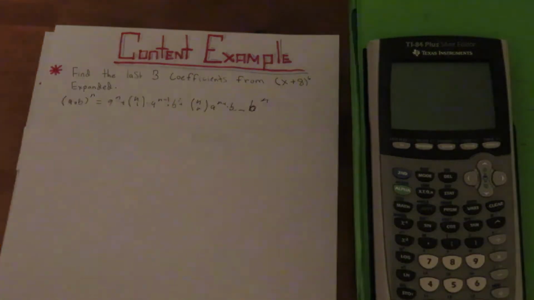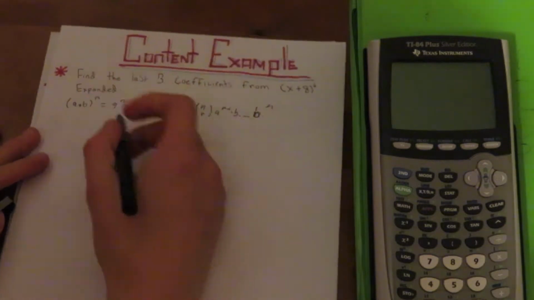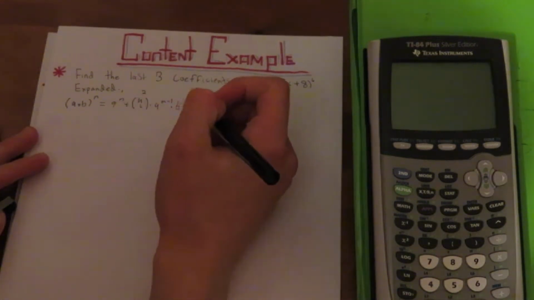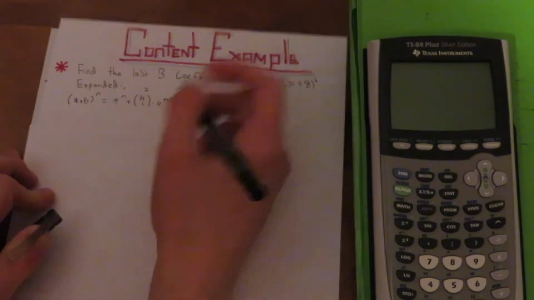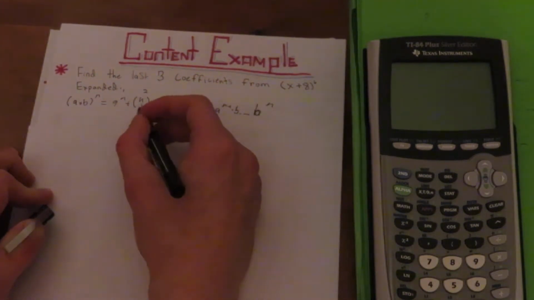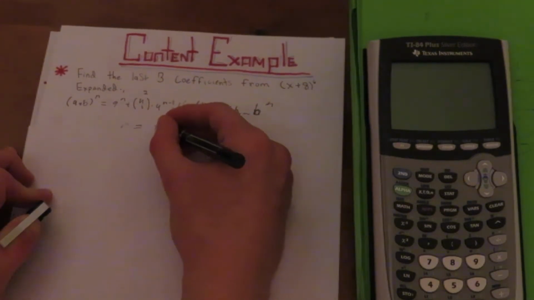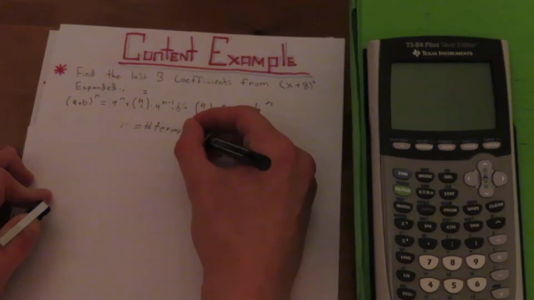And so if we are going to find the coefficients for the 4th, 5th, and 6th term, we have to understand that means r. So to find r, if you look at this example, this is the first term and this is the second term. And so we can see at the second term that r is equal to 1. So that means your r will always be equal to your term number minus 1.